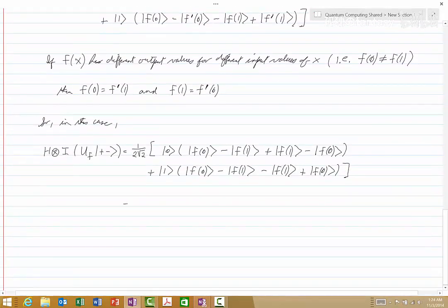And if you look at that for a moment, you will realize that all the terms here in the first parentheses, we have plus f of 0, minus f of 0, plus f of 1, minus f of 1, so that all goes away, and we're left simply with 1 over 2 times the square root of 2 times 1, and then here in this parentheses we get f of 0 and f of 0, so 2f of 0 minus 2f of 1. So 2, and then f of 0 minus f of 1.